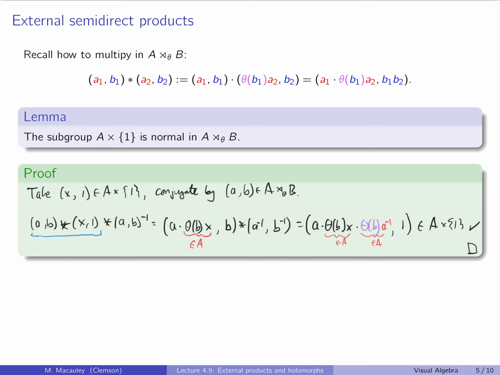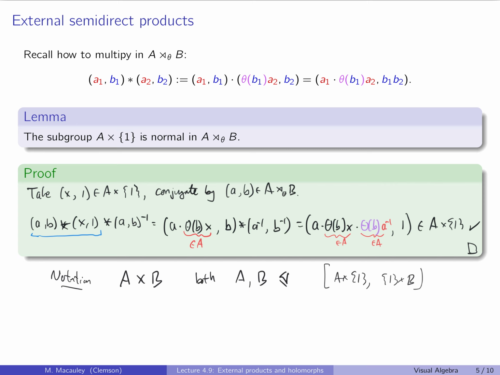So that's that. I said this before, but let me write this out. Our notation is, well, inspired by A cross B. When we have A cross B, both A and B are normal. And technically, when I say A and B, I really mean A cross the identity and the identity cross B. Once again, I'm using the same 1 for the identity in both groups, just because I don't want death by subscript.